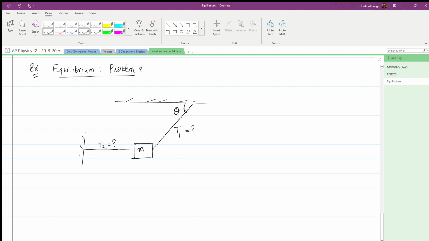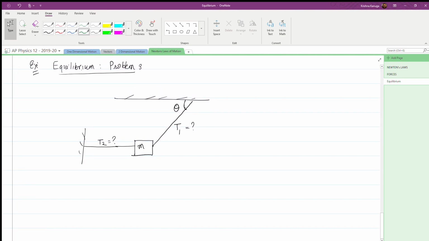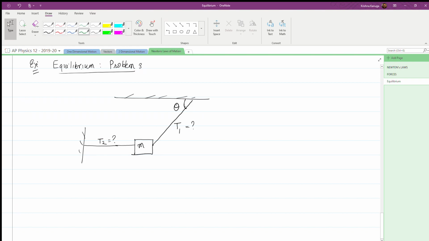So your answer can have nothing other than mass m, angle theta, and acceleration due to gravity, which is a constant. Those are the only things that you can have in your answer. Make sure that you have nothing else. So go ahead, solve the whole thing, and pause the video at this point, and then come back, and we'll go through the problem, and you can check your work or figure out if there are any issues.